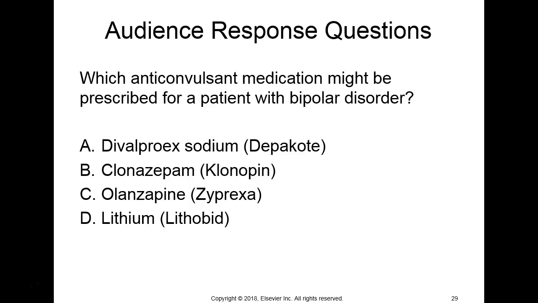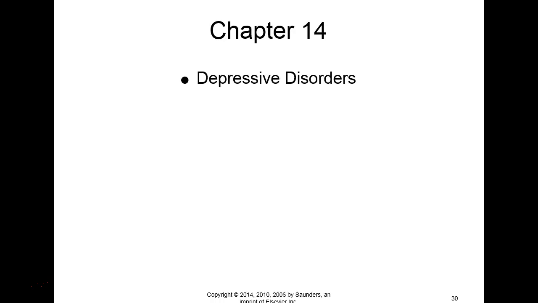But technically clonazepam is a benzodiazepine anti-anxiety agent. Zyprexa would be an antipsychotic, and lithium, of course, is very specific as a mood stabilizer. But we do use Depakote quite frequently.